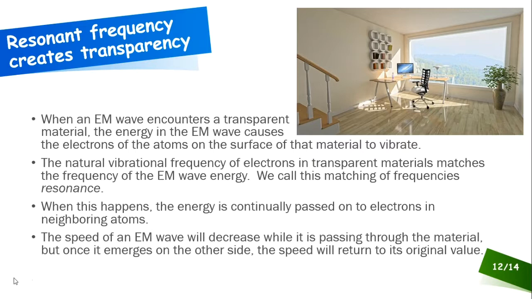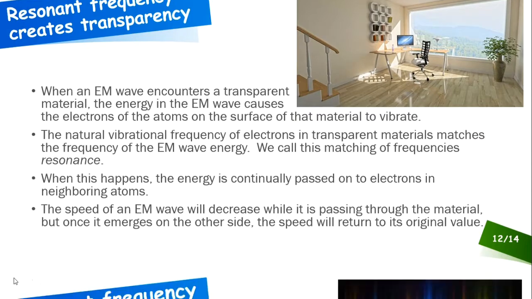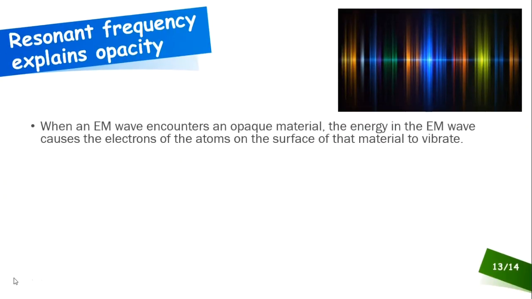If it's not a match, it's like the bouncers say, hey man, you don't belong here. They'll bounce the energy out, and because the energy doesn't transfer through, the material is what we call opaque, because we can't see through it. That's essentially what happens when the resonant frequency of the material does not match the frequency of the light waves.